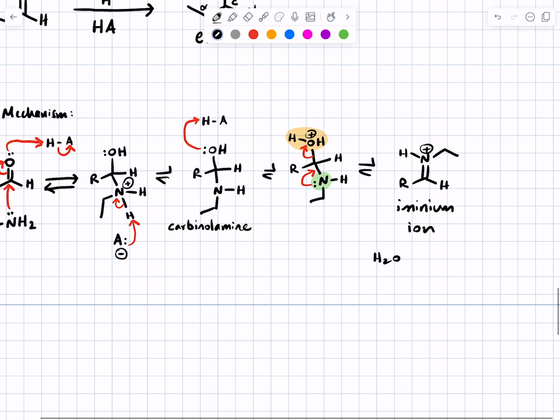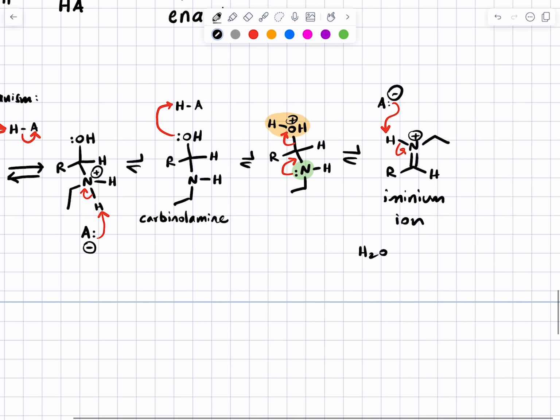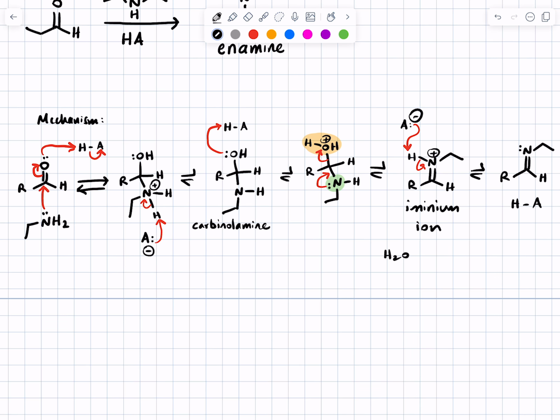But if we're removing water, that will slow down that backwards reaction, and then we can use the conjugate base of our acid to remove the proton from the iminium ion, and that will get us to the imine product. And our acid catalyst is restored. Okay? So that's imine formation.